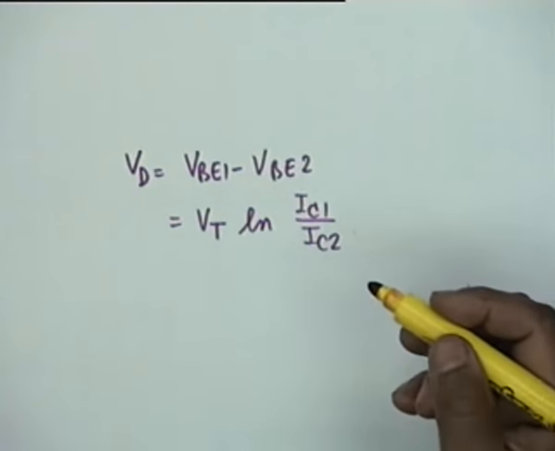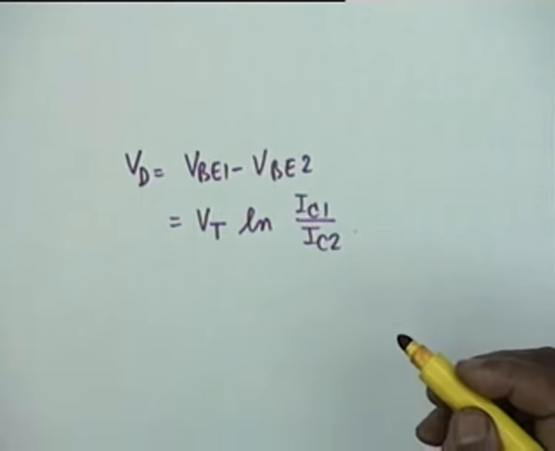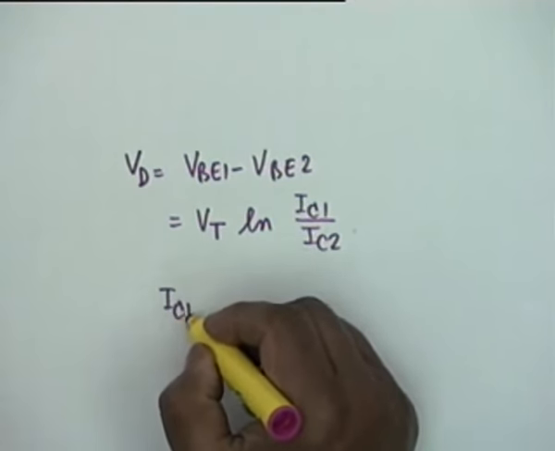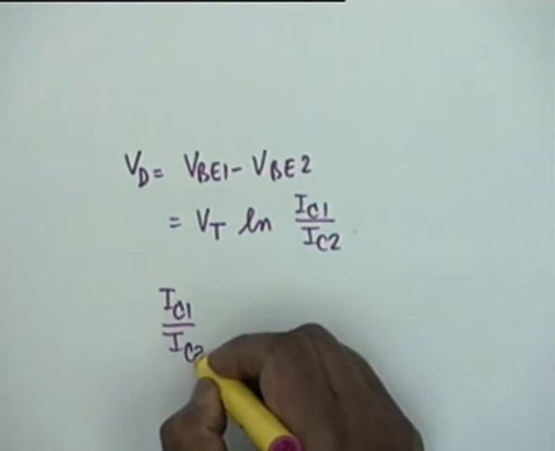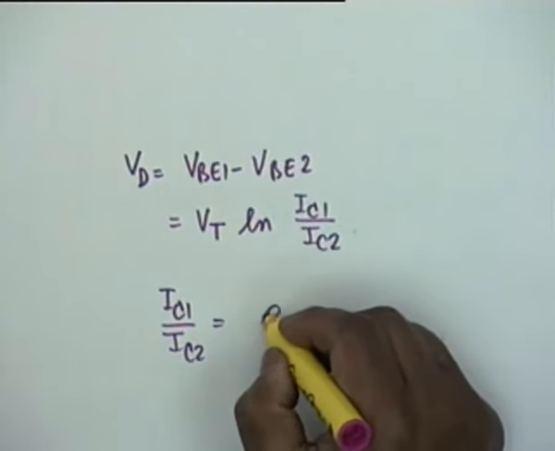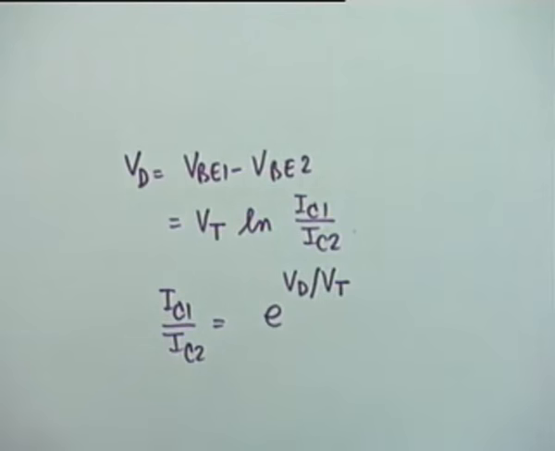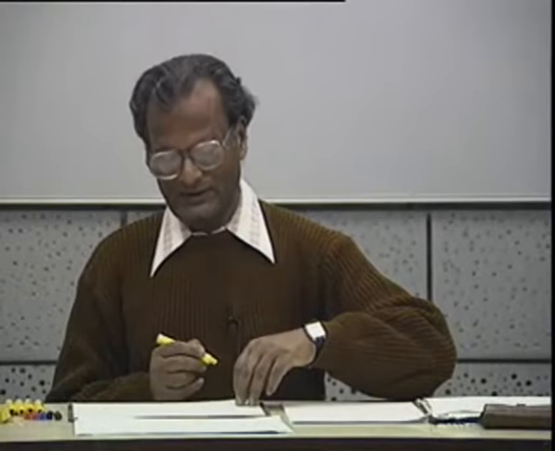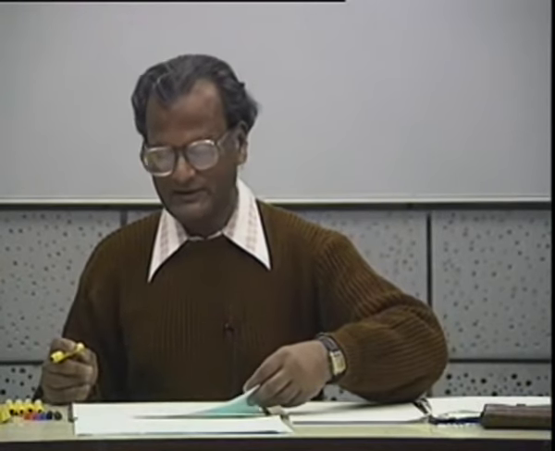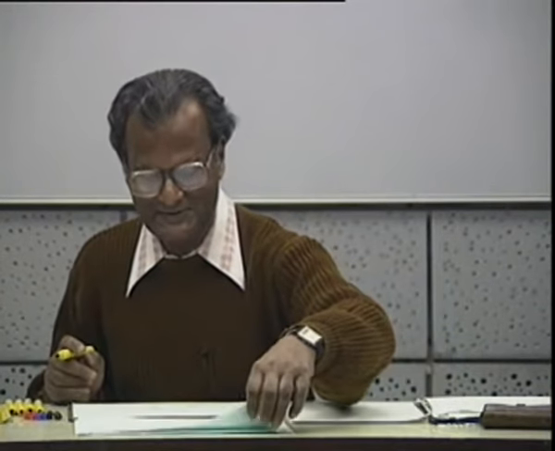Now we take the exponential of both sides. That is, IC1 divided by IC2 would be equal to e to the power Vd by Vt. Alright, we go back to the same circuit.